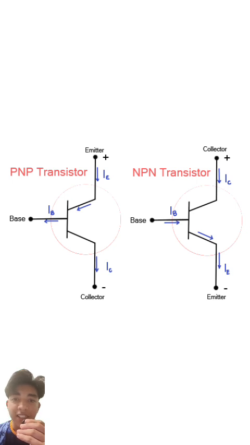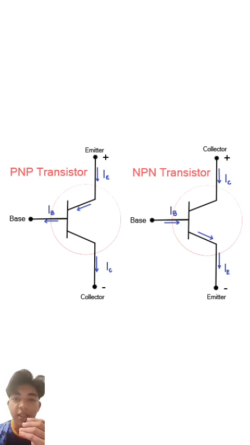The base's main function is to control how many charge carriers, electrons or holes, are allowed to pass from the emitter to the collector. A small amount of current entering the base controls a much larger current flowing between the collector and emitter. This current control allows the transistor to function as an amplifier or switch.